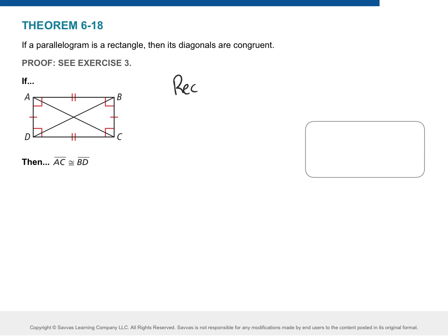Looking at this diagram that I have up here for you, what does that diagram tell me? What are some properties I know about rectangles? The opposite sides are equal. I heard opposite sides are congruent, which is true. Are all sides congruent?